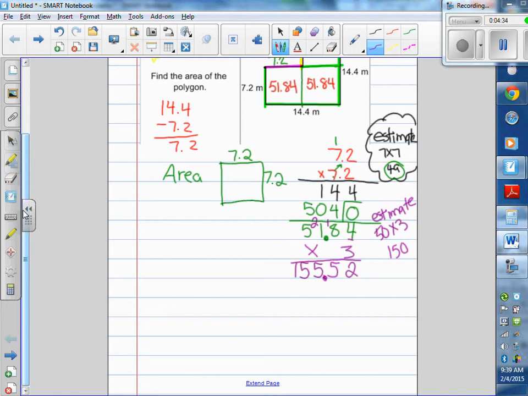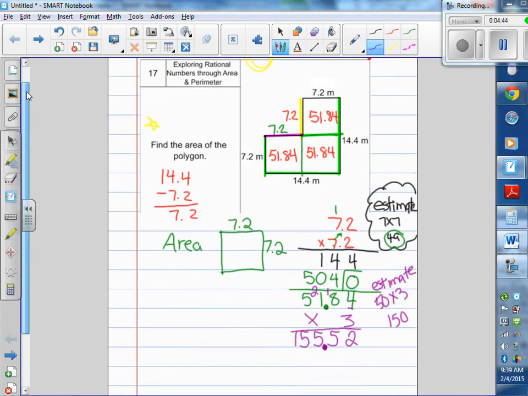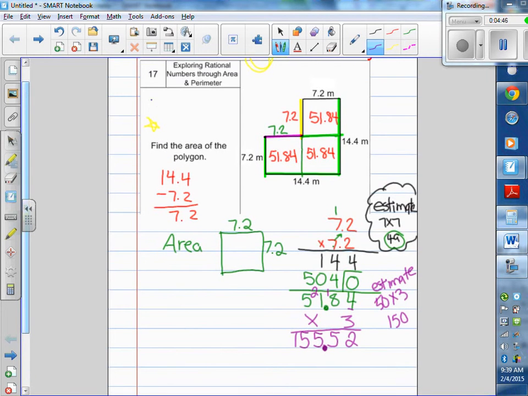Should make sense that your decimal goes right here. So our final answer, the area of this polygon, is equal to 155.52 meters squared. That's our final answer.